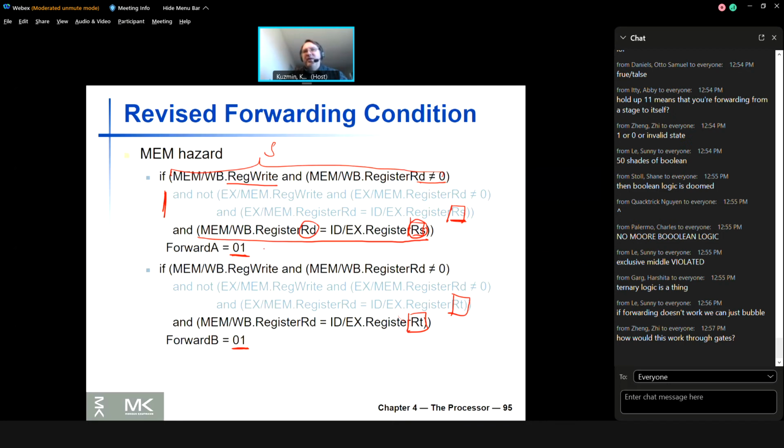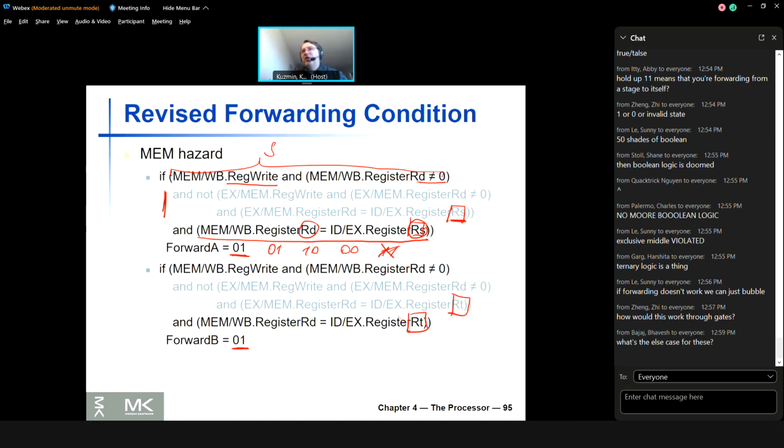For port A, we know that the valid choices are 0, 1, 1, 0, and 0, 0. 1, 1 is not a valid state. So you have basically 3 alternatives, and you just need a multiplexer.